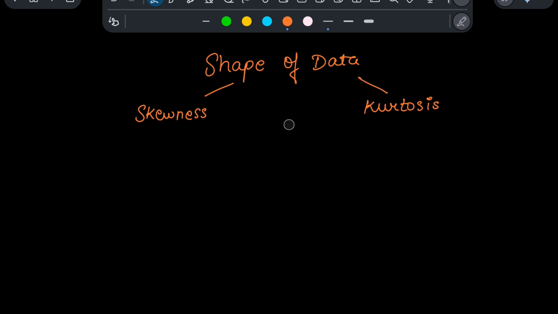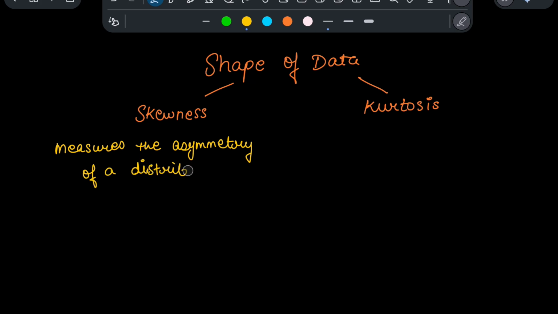Skewness measures the asymmetry of a distribution about its mean.